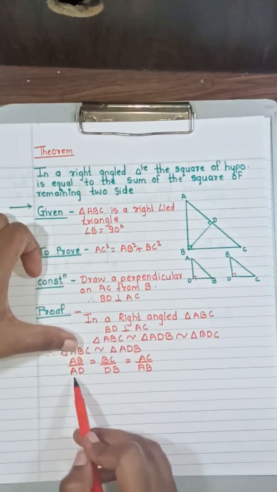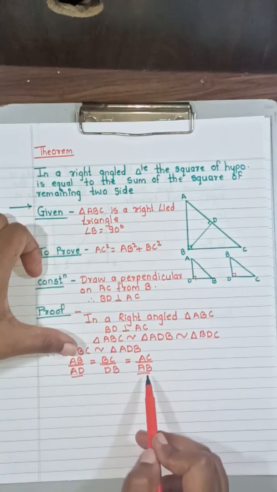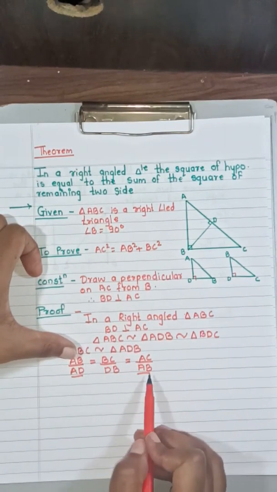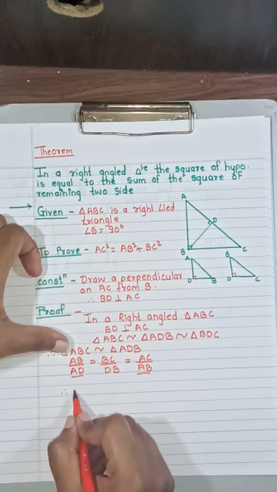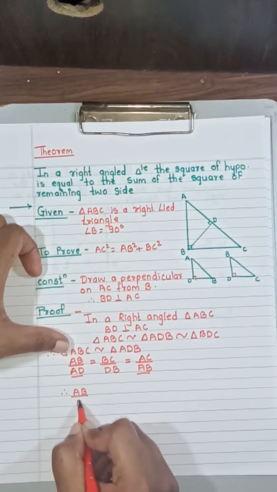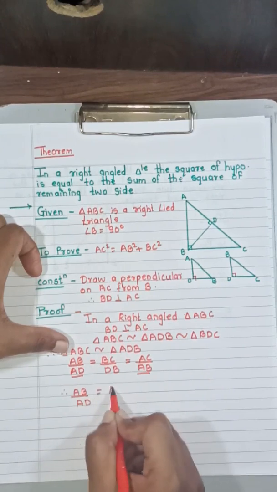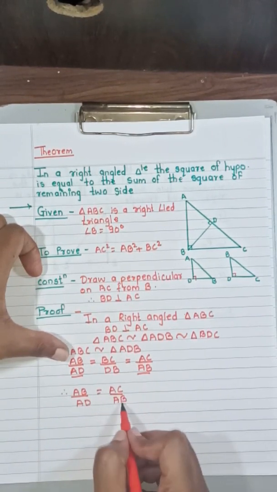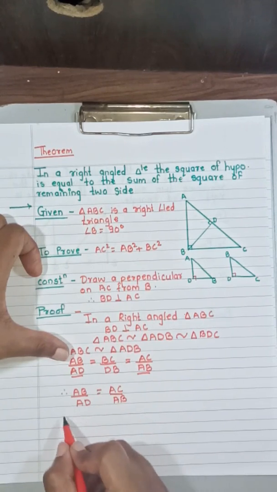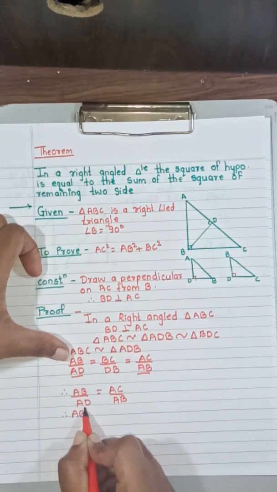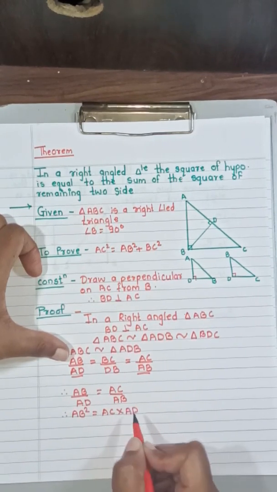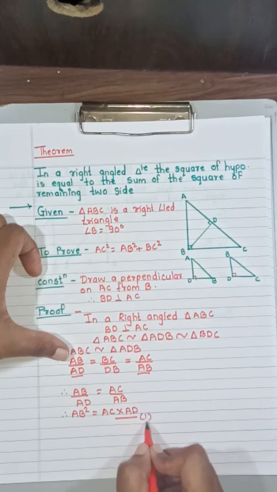So we'll consider this pair and this pair, as when we do cross multiplication we'll get AB square. Therefore, AB upon AD is equal to AC upon AB. Then what you get? AB square is equal to AC into AD. That you will name as equation 1.